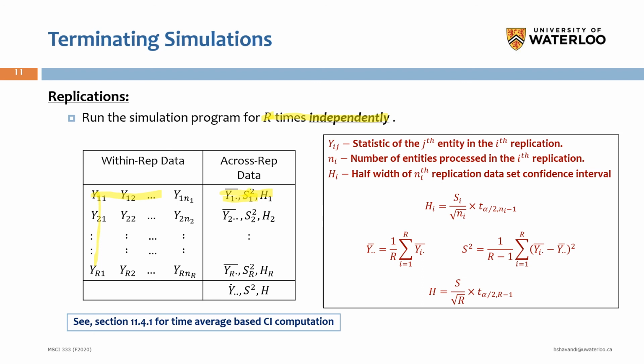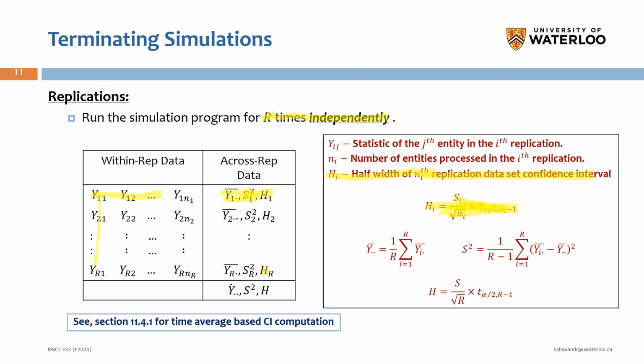Then the sample variance, and H1 or Hr. So Hr here is the half width of the confidence interval. As you remember, the confidence interval was y bar plus minus s over square root of n times t half alpha, n minus 1, right? So here we just have half of the interval, which is s over square root of n times t half alpha with degrees of freedom n minus 1.